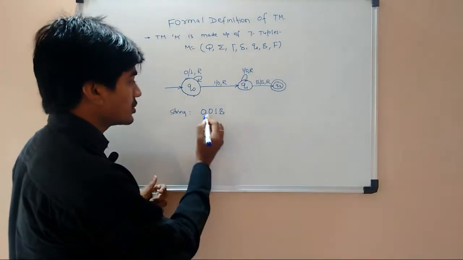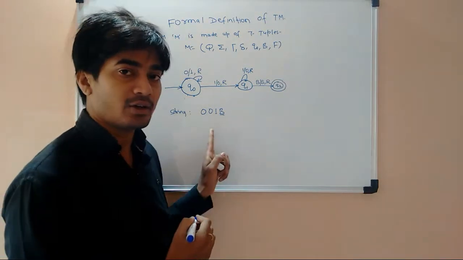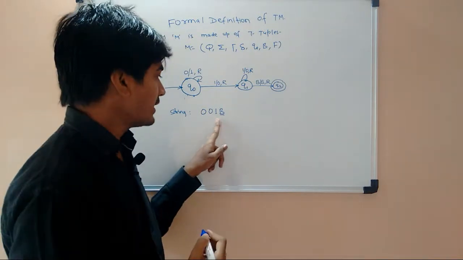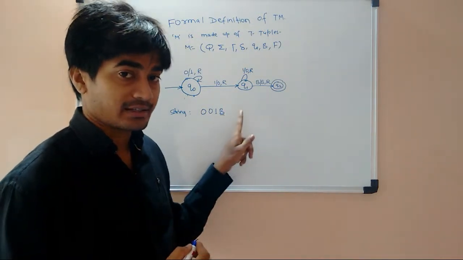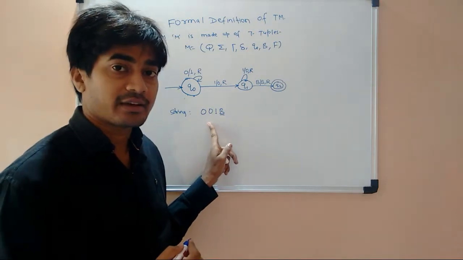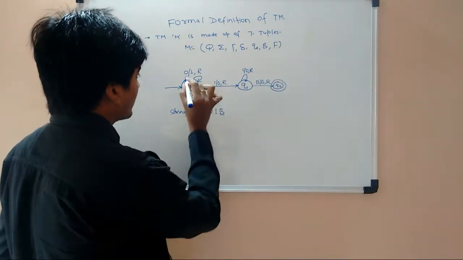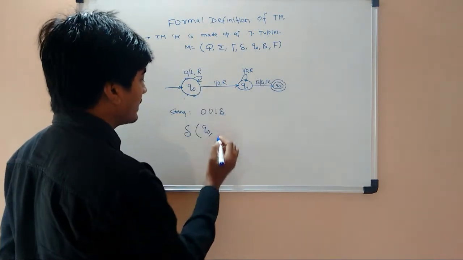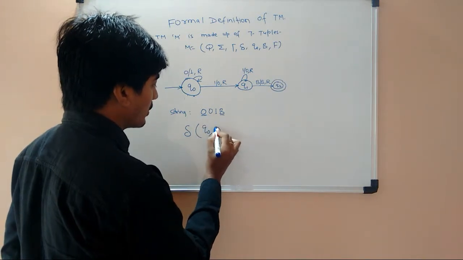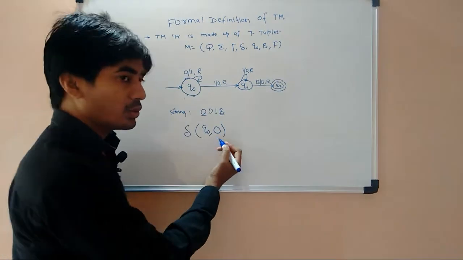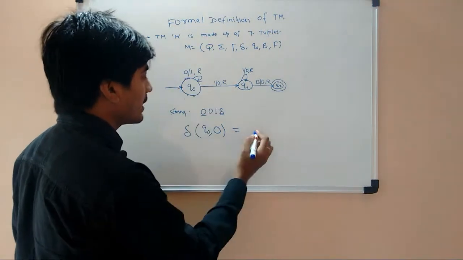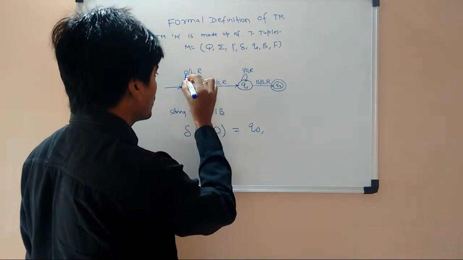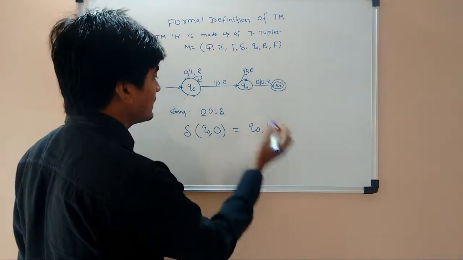Here we have the string 001, and B represents the end of the string, the blank symbol. The Turing machine will compute this string, and if it finds blank at the final state, then we can say the string is acceptable. The transition function at Q naught, on consuming 0, says 0 is written as 1, staying on the same state, and moving in the right direction.